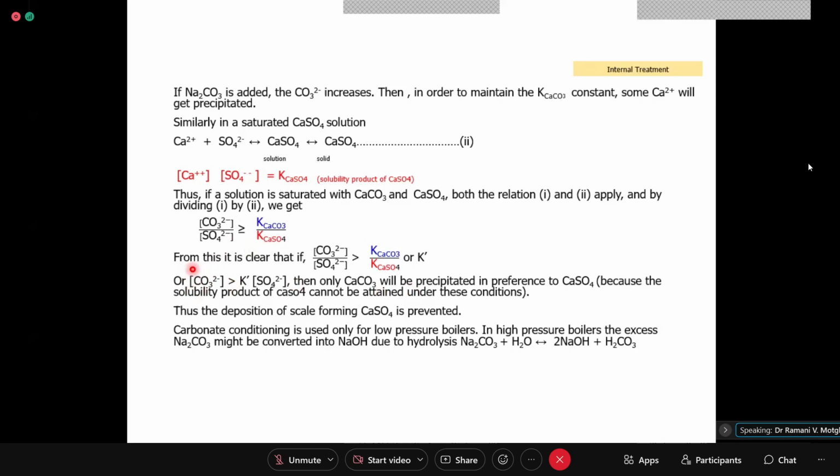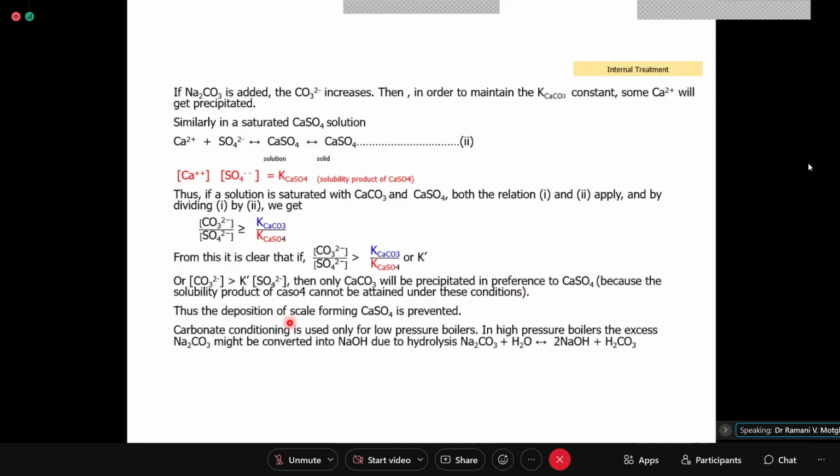When the carbonate ion concentration is more than K dash times the SO4 2- ion concentration, then only calcium carbonate will be precipitated in preference to calcium sulfate, because the solubility product of calcium sulfate cannot be attained under the conditions of high carbonate concentration.